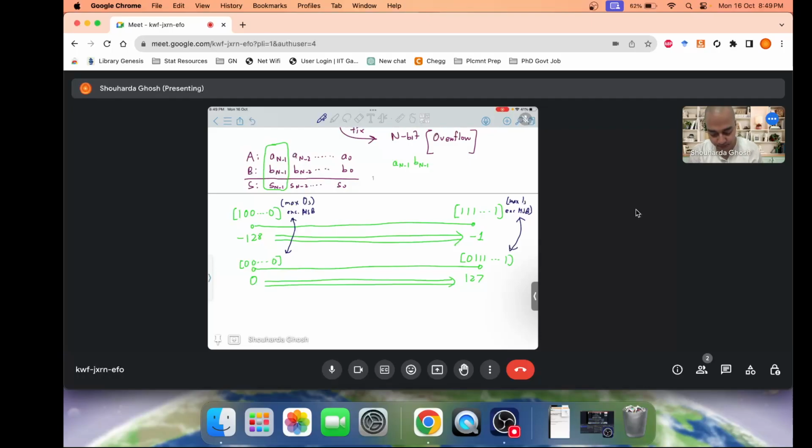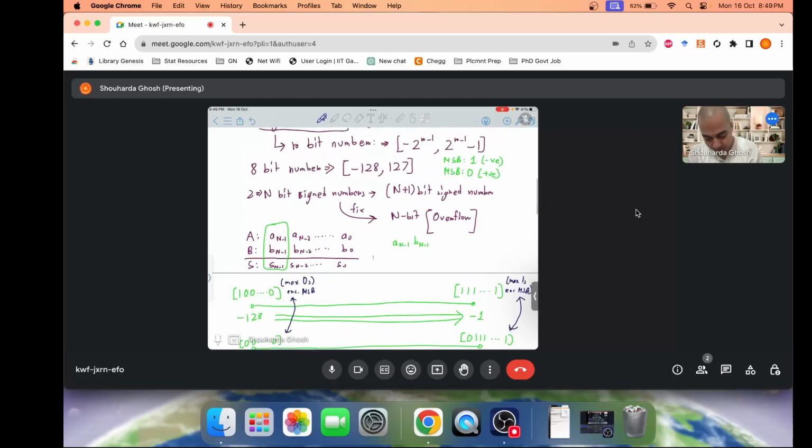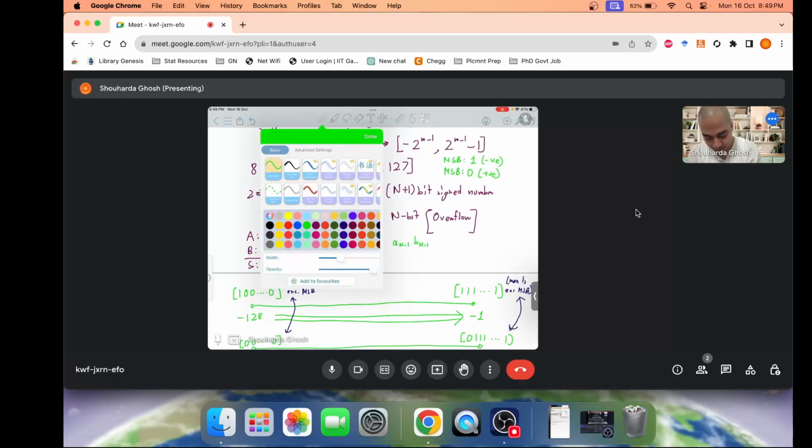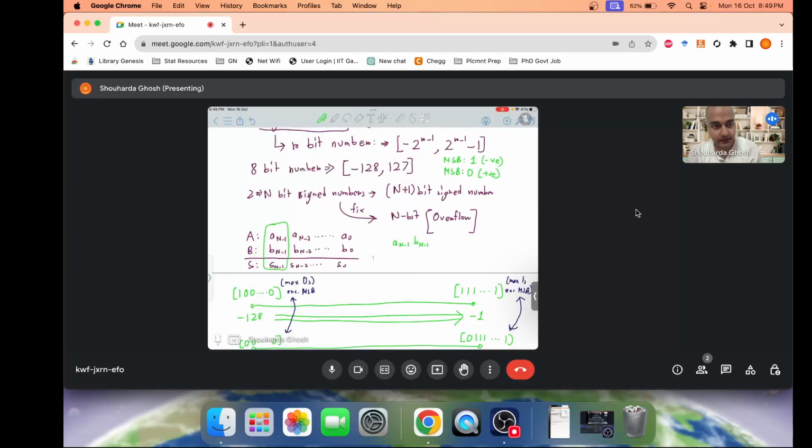Okay, so now if a n minus 1 and b n minus 1 are, suppose, 1, and s n minus 1 turns out to be 0. In digital circuits, when you represent the 0 bit for the canonical expression of the min terms, you put a bar over that. I'm doing sum of product terms, SOP representation.